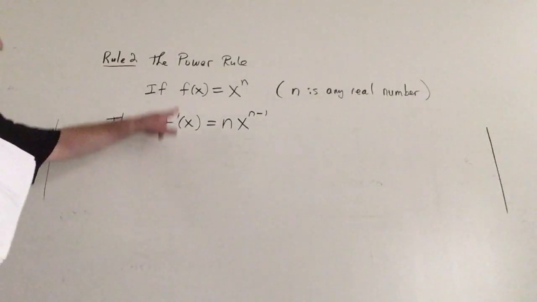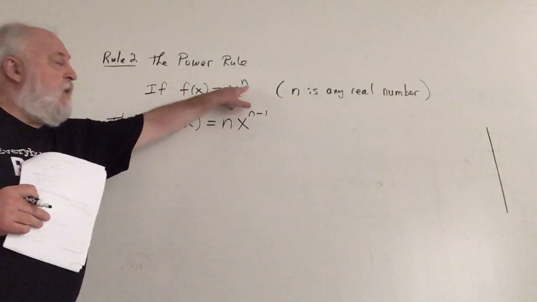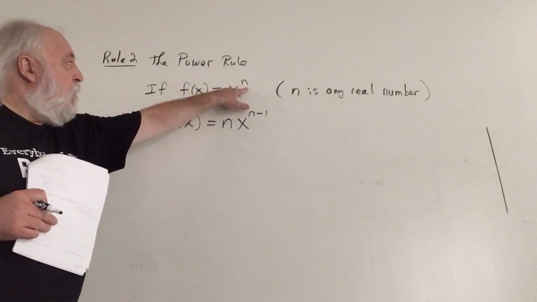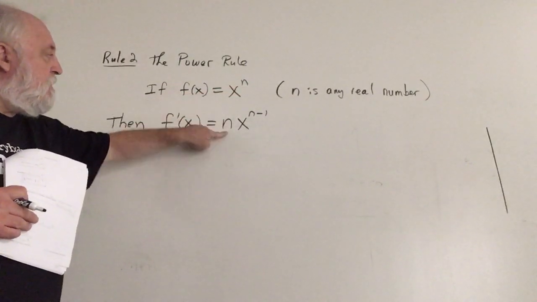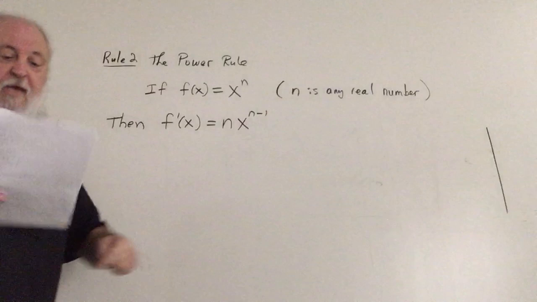To find the derivative of x to the nth, we just bring the exponent n down in front of the x and subtract 1 from the exponent.